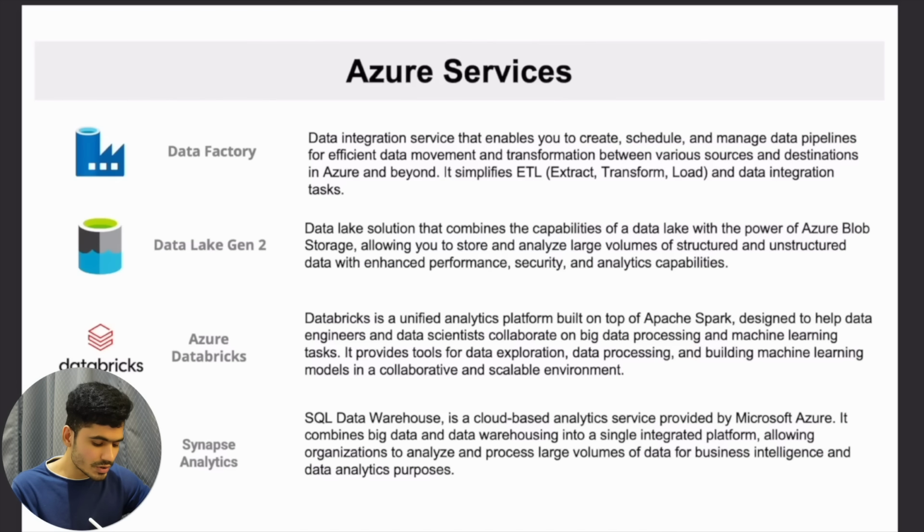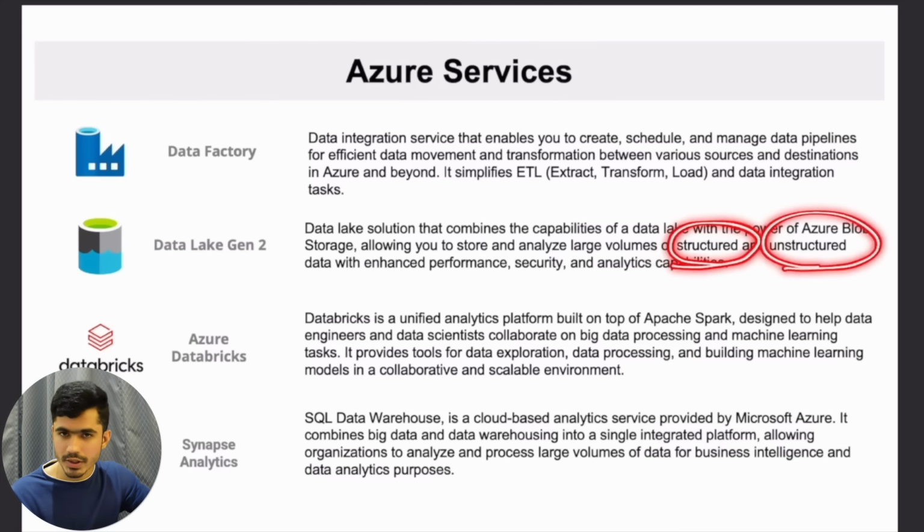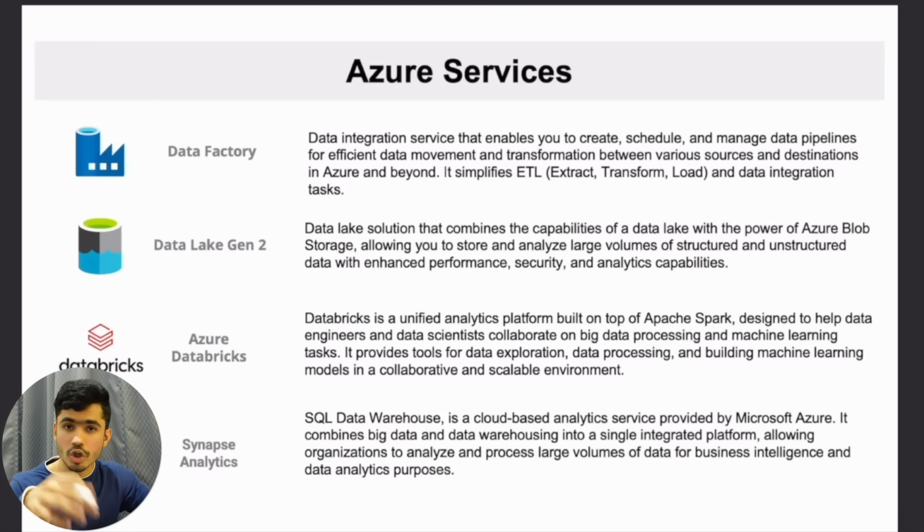But when you use the data lake solution, you can have a hierarchical file system, just like the file system we have on our local computer. You can have a folder, inside the folder you can create multiple folders, and then you can store your files. So this is what the data lake solution provides, and there are more functionalities that it provides on top of this, so you can go and check it out. But the core idea behind Azure Data Lake Gen 2 is that it can handle structured and unstructured data, and you can do your analysis on top of existing files and run your SQL queries. Okay, this is the Data Lake Gen 2.